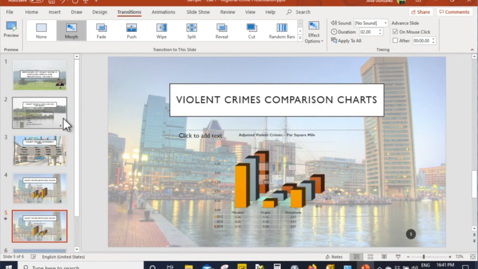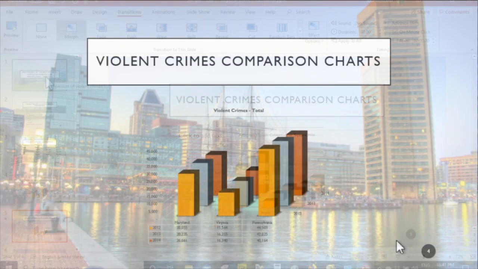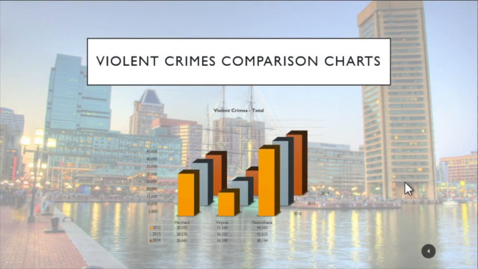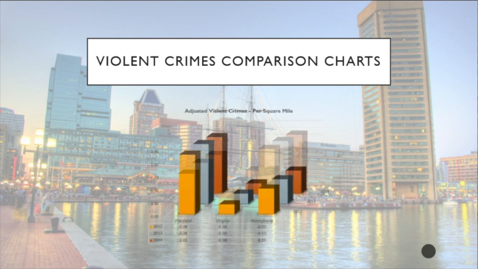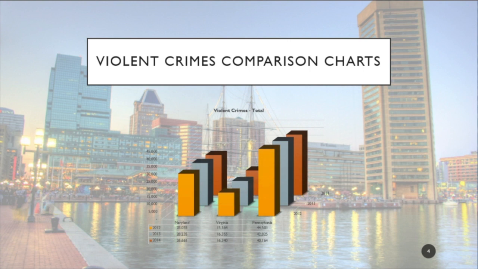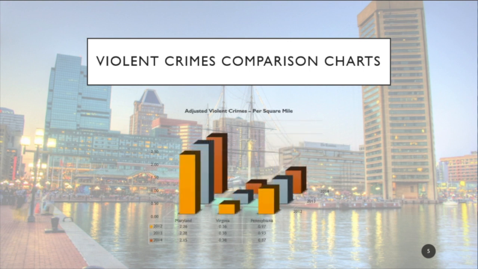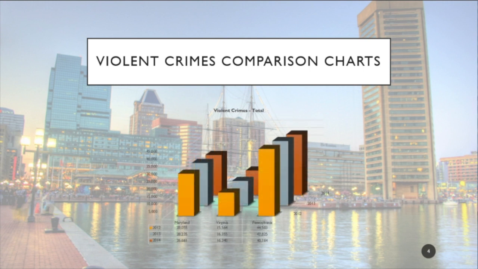And now let's take a look at the presentation. And here's slide number 4. And when I move by pressing the space bar to the next one, you see how the slides transition very nicely. One slide transforms into the other. It's a very nice effect, especially when you're telling the story, and you can imagine yourself making this presentation and talking to your audience about the high number of crimes in Pennsylvania.